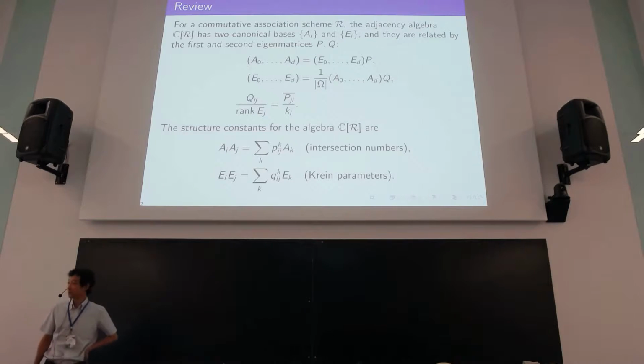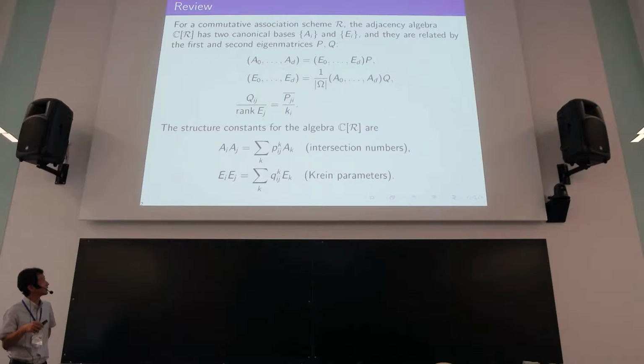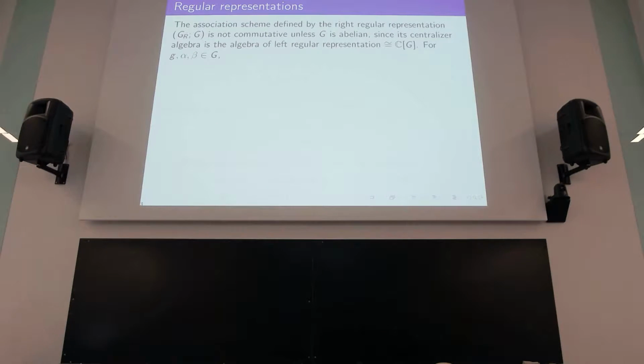One is the structure constant, and the other is called the Krein parameter. It looks like I'm missing a scalar here. I have to divide it by the size of the set on which the association scheme is defined. Sorry, I will correct it later. But that's not so essential.